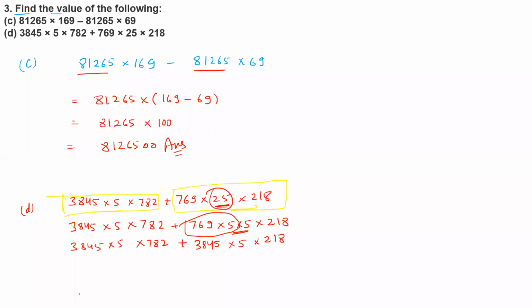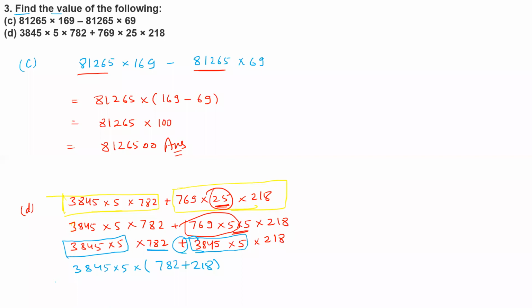Now as you can see, which is common in both the terms? 3845 into 5 is common in both the terms. So we just write the common term outside the bracket and inside the bracket the numbers which are not common, 782 plus 218.